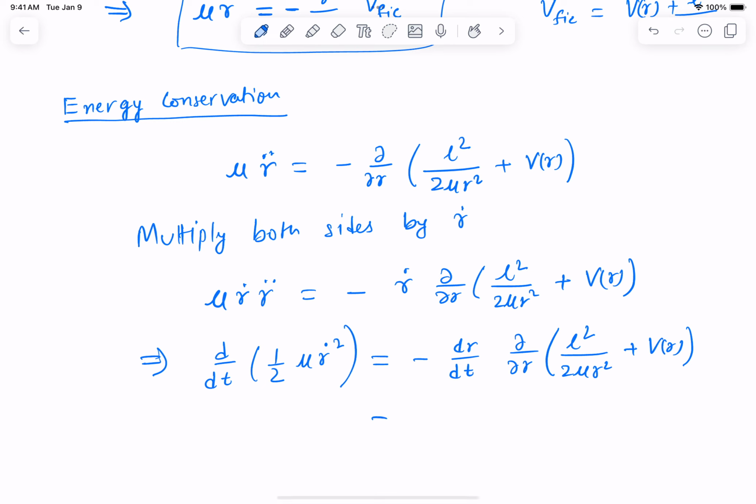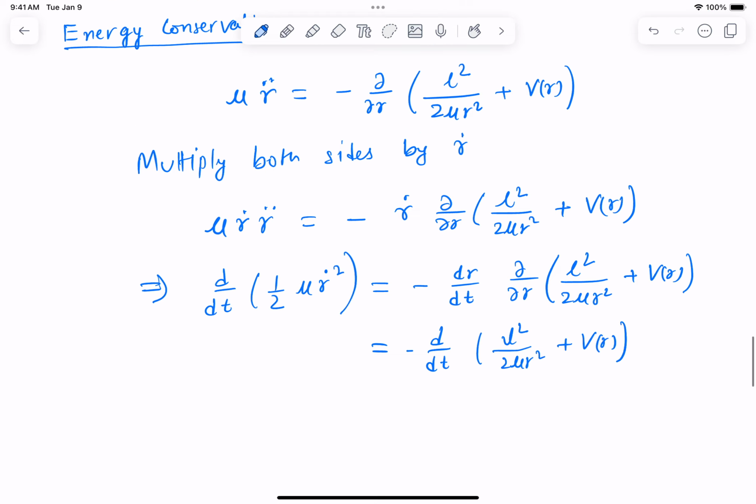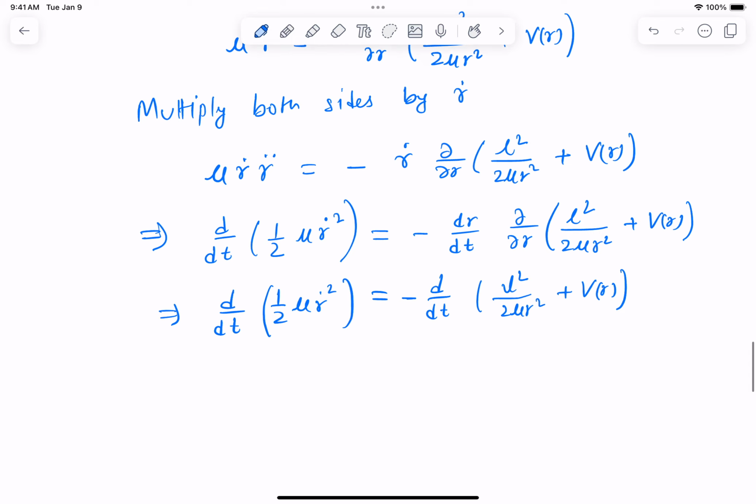So this can be written as essentially d by dt of L square by 2 mu r square plus V of r. So we have d by dt of half mu r dot square equals minus d by dt of L square by 2 mu r square plus V of r.